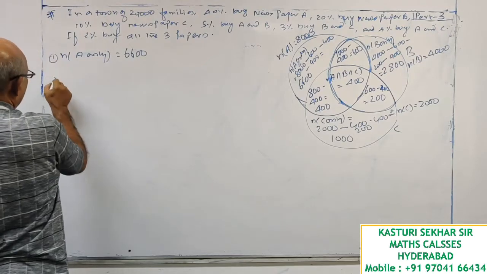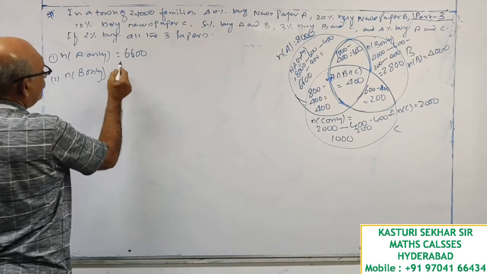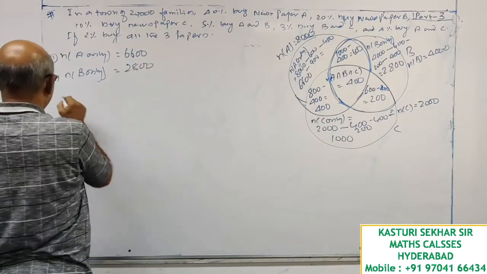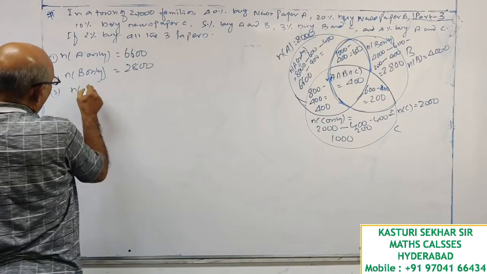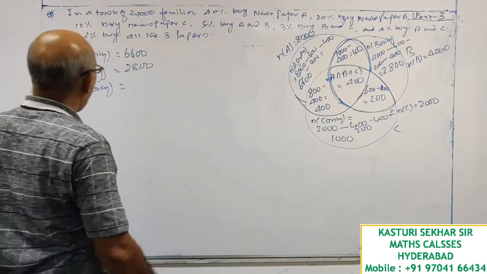First question. B only is equal to 2,800. N of C only is 1,000.